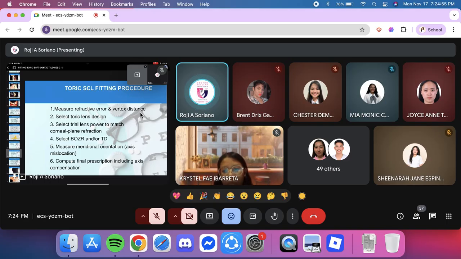First, you measure the refractive error and the vertex distance, correct? We did this through computation, correct? The vertex distance when it comes to spectacle to contact lens, correct? The lens power.